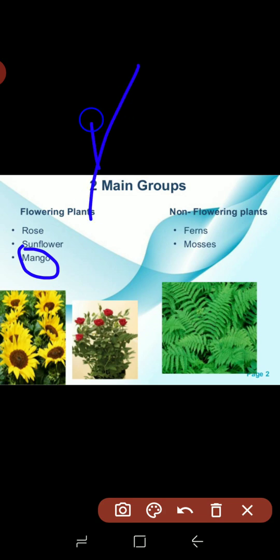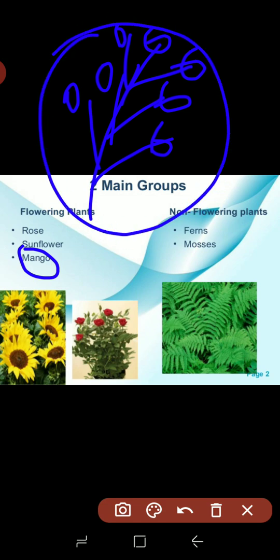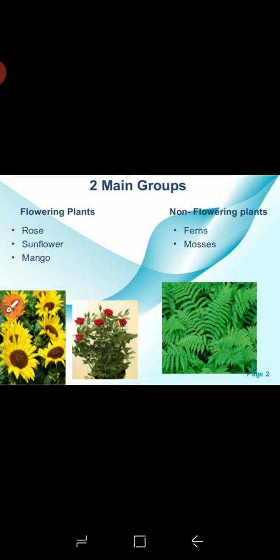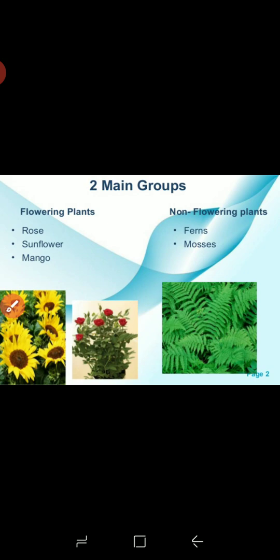It has this kind of floral blossom, known as the inflorescence. Inflorescence is not a flower, it is an incomplete flower, that's why it is known as the inflorescence. Then the non-flowering plants are like ferns and mosses.